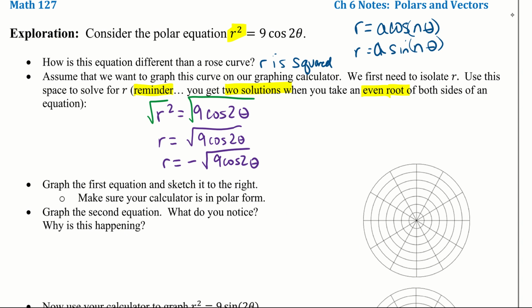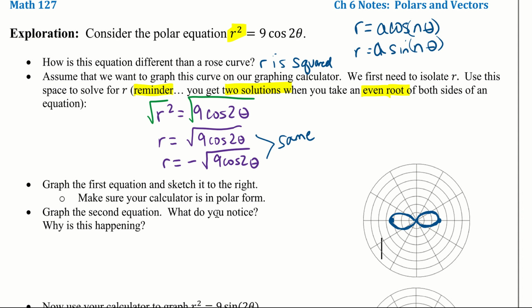We're going to go out 3 units because the square root of 9 is 3, and it's going to be along the x-axis, which might make sense. It's cosine. And it has 2 petals instead of 4, and that's because of the r squared and the square rooting. What ends up happening is that these 2 graphs actually end up being the same graph, and they kind of just trace along each other twice. It's like this infinity symbol along cosine, which is interesting.